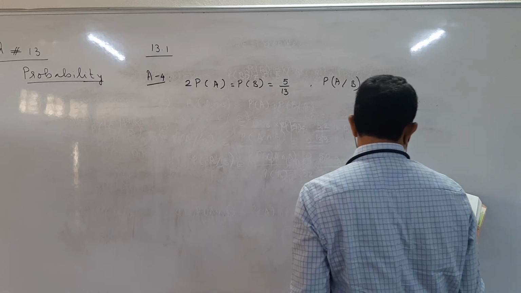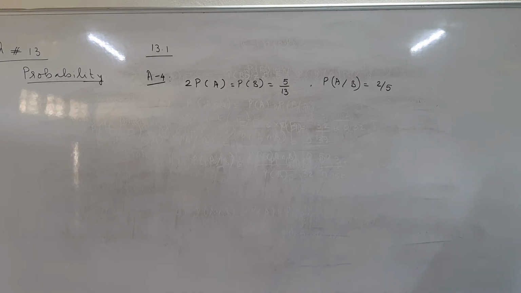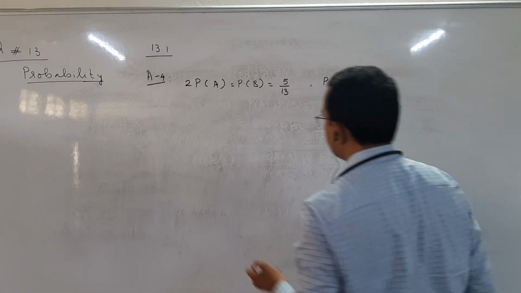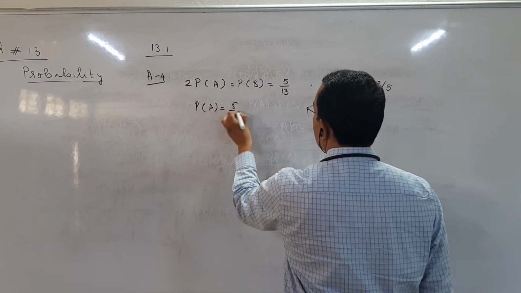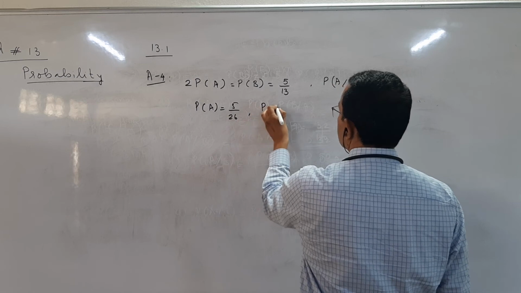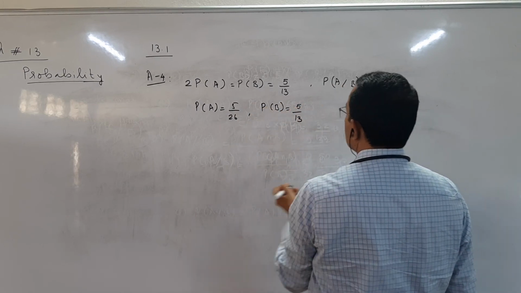Find P of A union B. Okay, we need intersection in order to find P of A union B. So P of A will be 5 by 26. P of B will be 5 by 30.